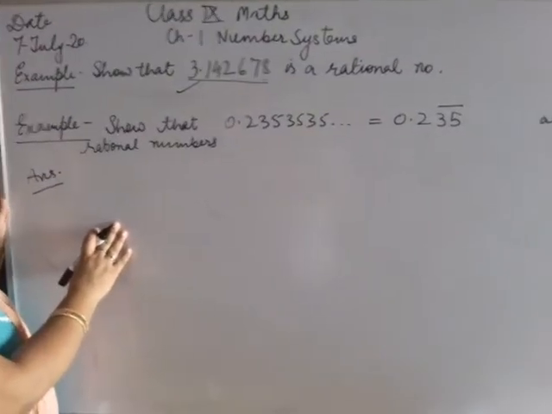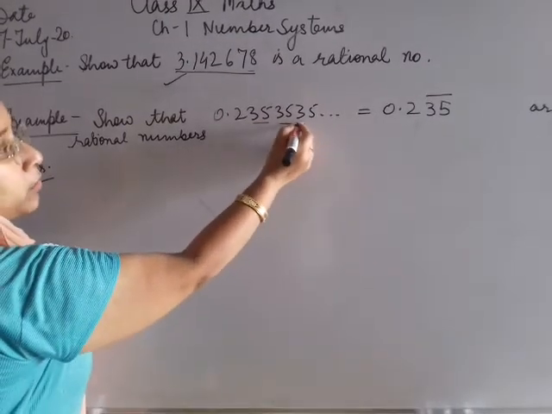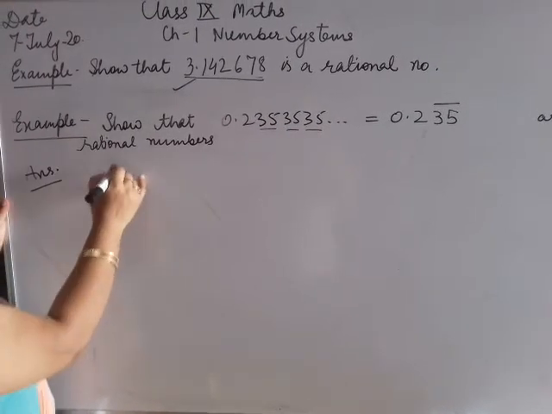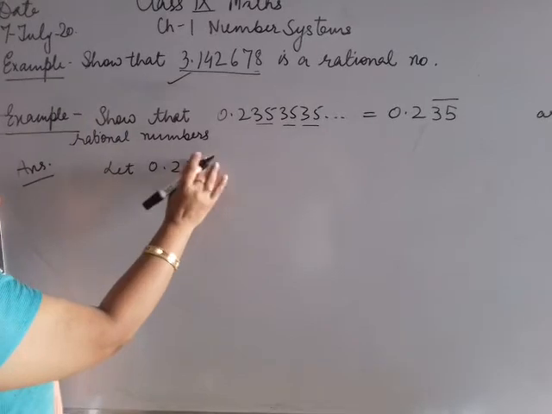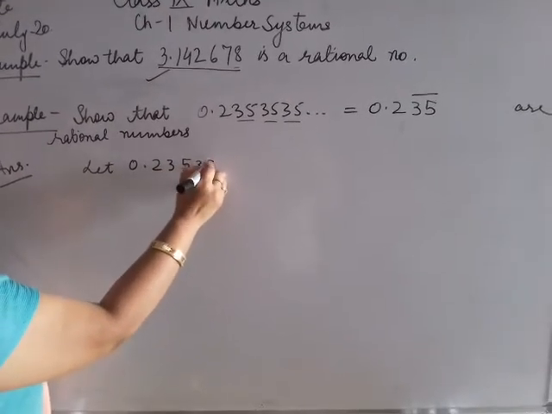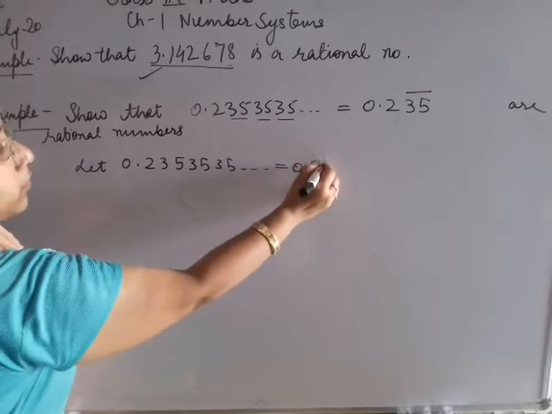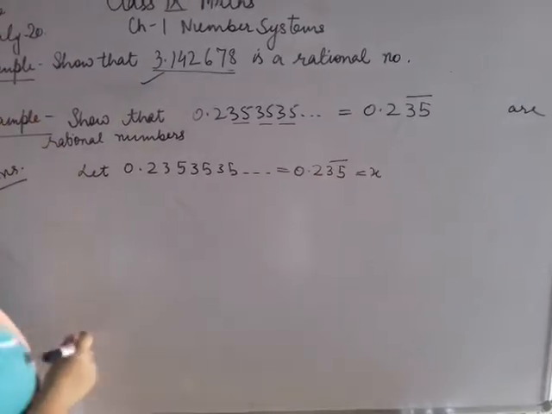Now, the next question, 0.233535. See that here only 35 are the two digits which are being repeated. So we will write, let 0.23535 and so on, which is equal to 0.235 bar, be equal to x. Okay.